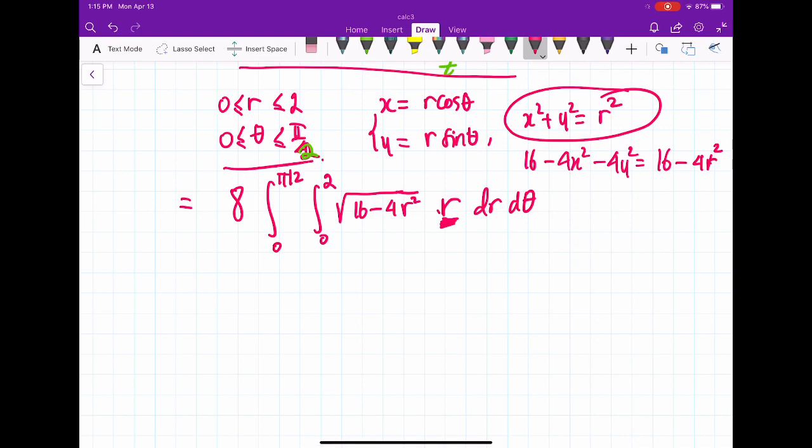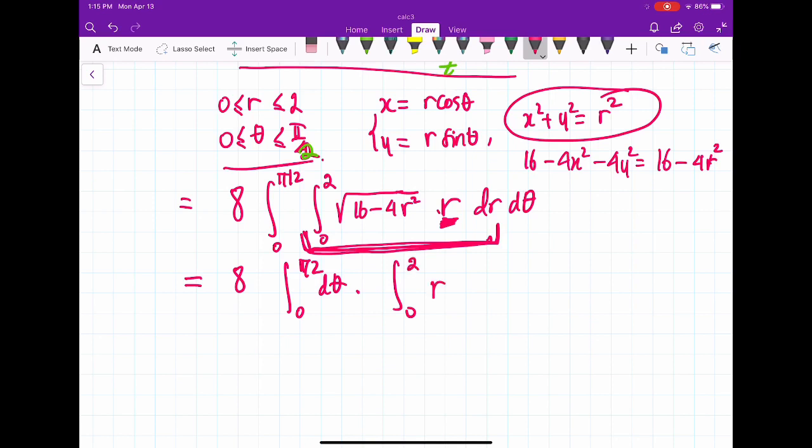Then in this you can see, yeah, this integral does not depend on theta, right? So this integral is the product of two integrals: integral from 0 to pi over 2 d theta times integral from 0 to 2 of r times the square root of 16 minus 4r squared dr. Make sense?